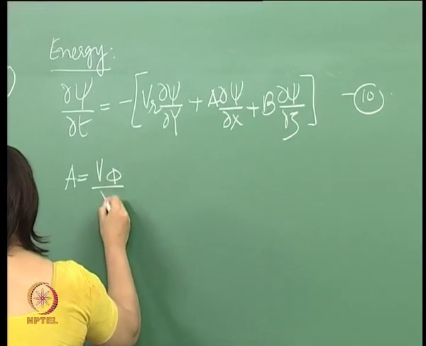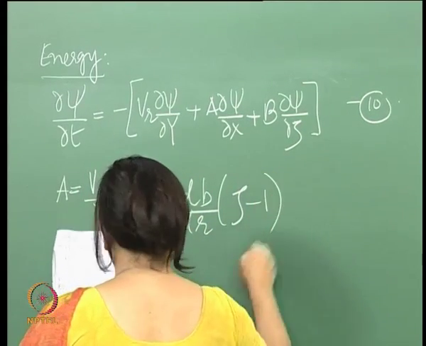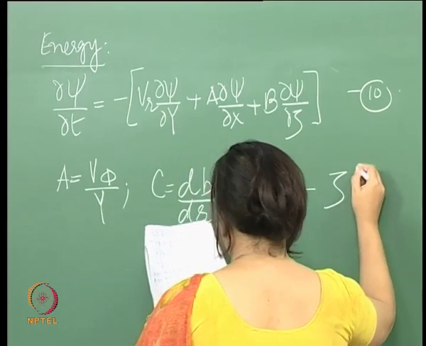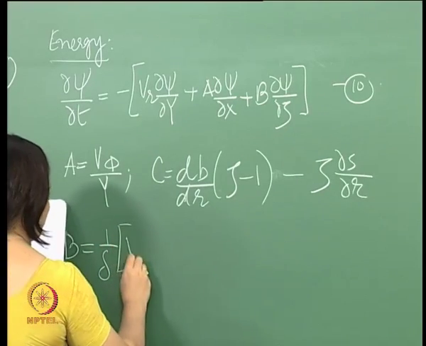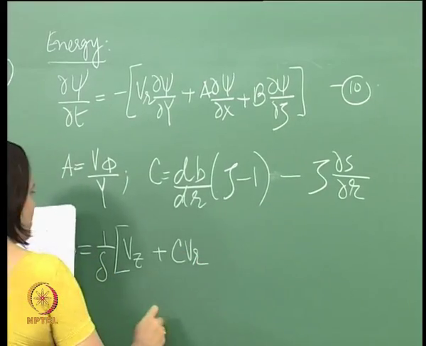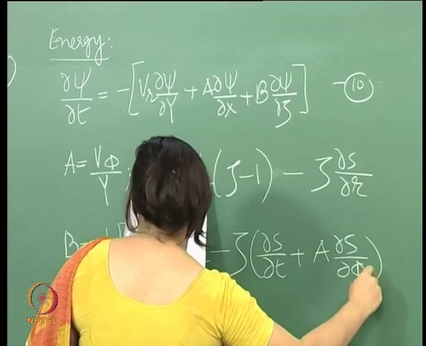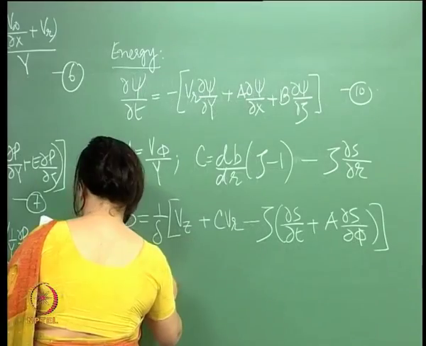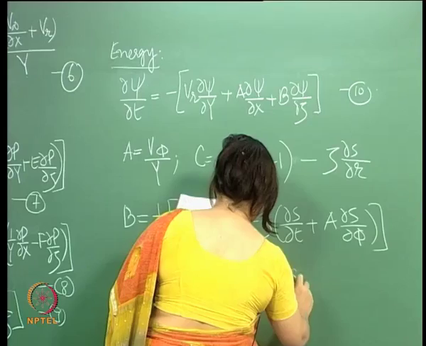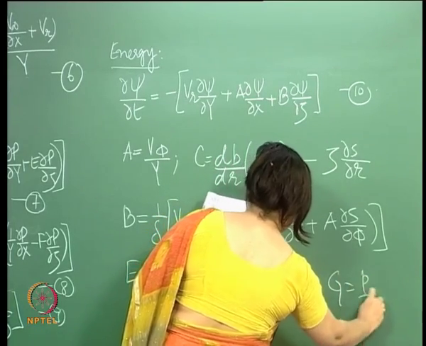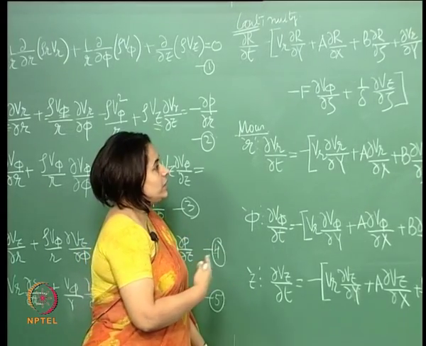Okay. So, that is essentially the governing equations in the transformed coordinate system.